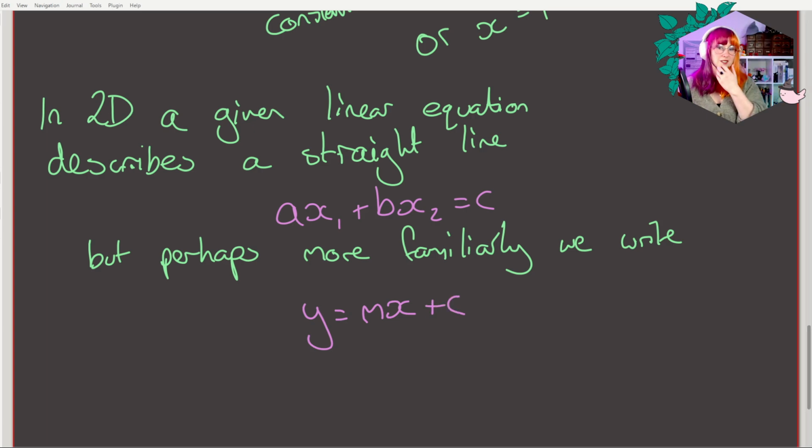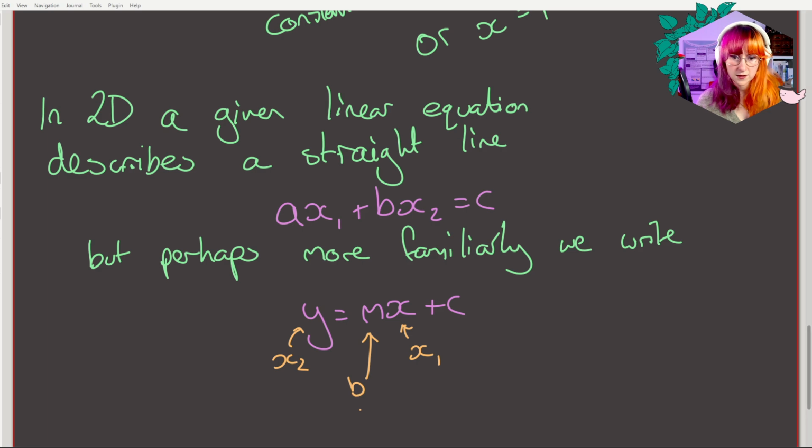And we get from one to the other by setting x1 is x, x2 is y. That's x1, that's x2, that is going to be minus b over a, and that is now c over a. So we can rearrange the equation from one to the other by just doing a change of variables, this is called.